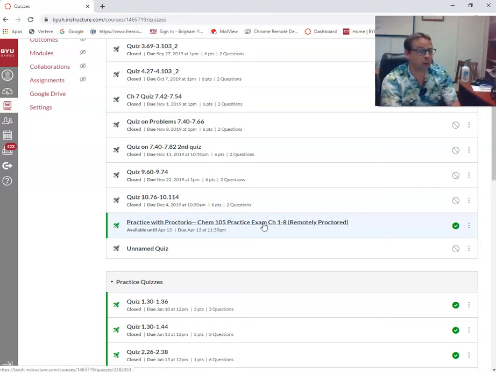I think it is browser specific sometimes, so you'll have to follow the rules and figure out what you need to do to be set up for it. Again, this is just a practice. It wouldn't let me make a practice without having some points associated with it. So there are some points associated with this, but as soon as we're done practicing with it, I'll delete it so it won't show up in your grade anymore or ever.